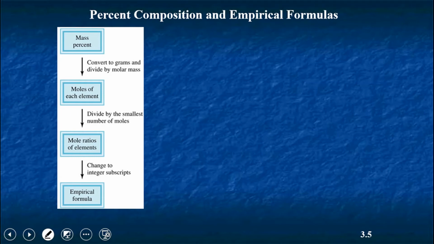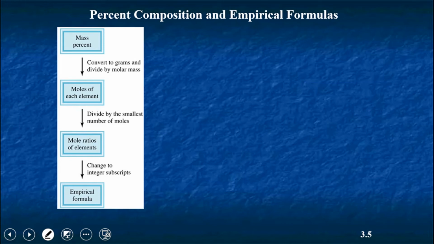Now, since the empirical formula is a ratio of the atoms of each element to each other, it is the same as taking the ratios of the moles of each element to each other. So I can divide to get the ratios per moles of the elements. And now the ratios of moles of elements to each other essentially become the subscripts that make up the empirical formula. That's a lot of words.